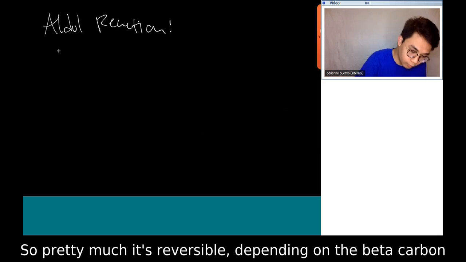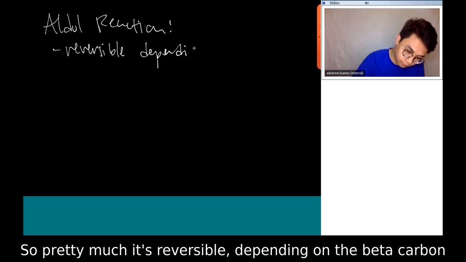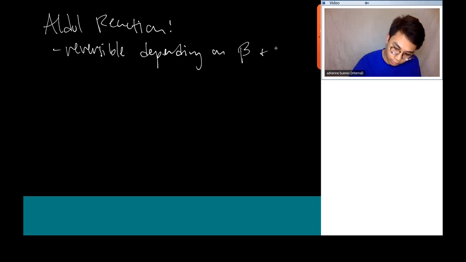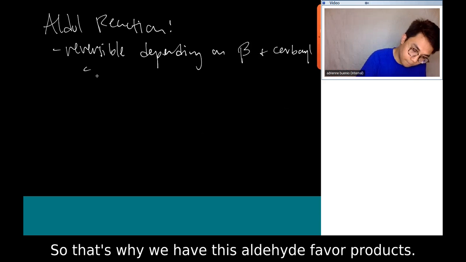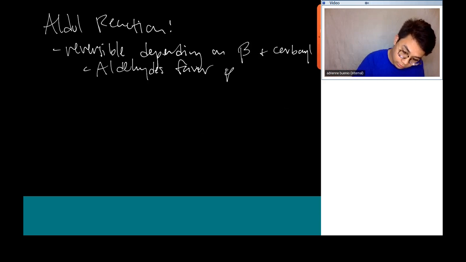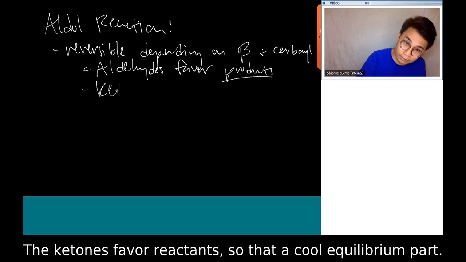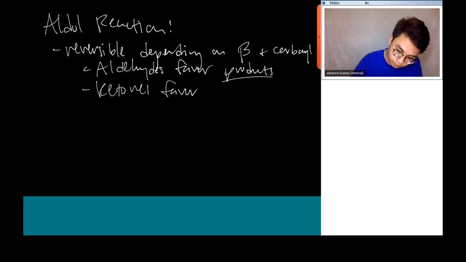So pretty much it's reversible depending on the beta carbon and carbonyl, right? So that's why we have aldehydes favor products, and then ketones favor reactants. So that's the whole equilibrium part, right?